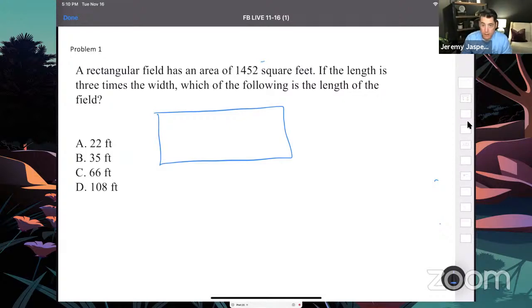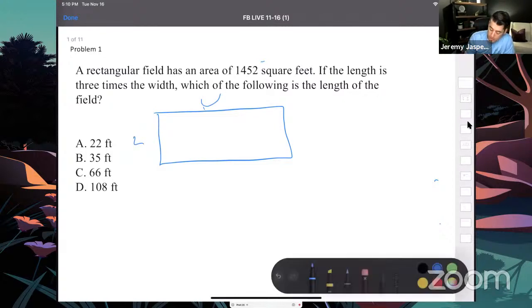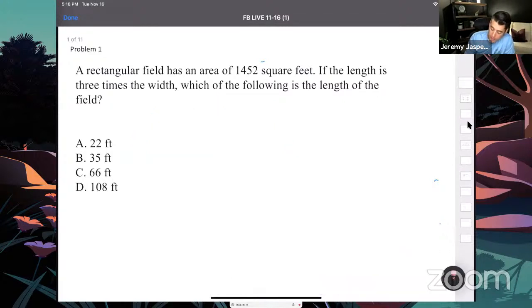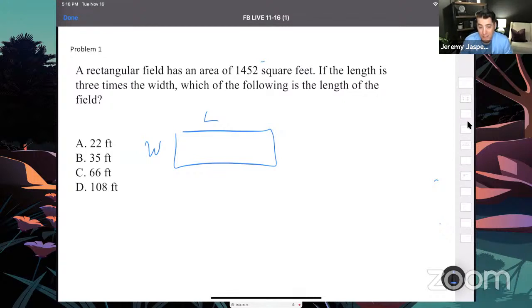So in this rectangle, we have length and width. And to be honest with you, you can make this length and this width, or you can make this length and this width. It doesn't matter, okay? You just have to know that one dimension is length, one dimension is width.